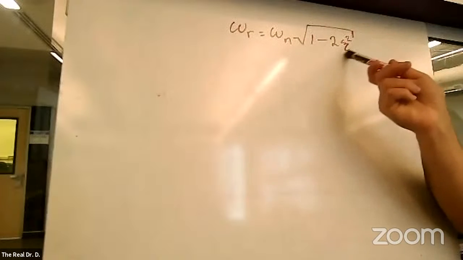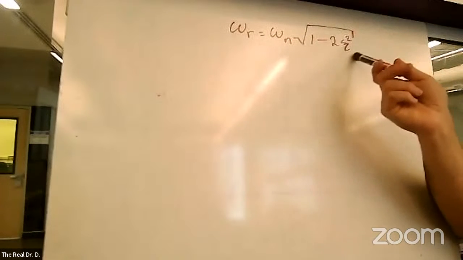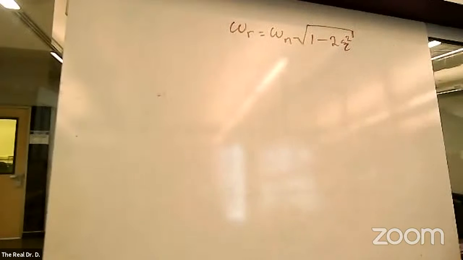Because it forces this to be negative, and we cannot have an imaginary frequency, so it just doesn't exist. But think about what we just talked about. We'll talk about it in a second on the transmissibility plot. If I increase that damping ratio, I flatten out that curve, right? I'll show you again.